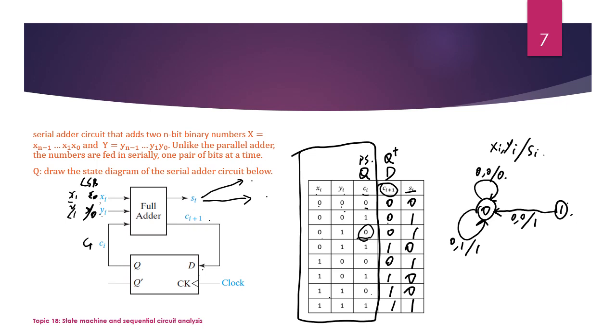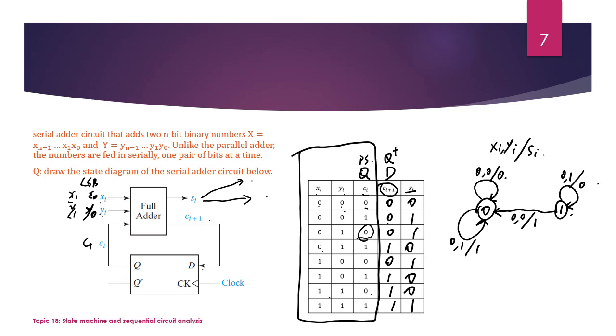If we're at state 1 and xi, yi equal 0, 1, the next state is still 1. It goes back to itself, and the output is 0.